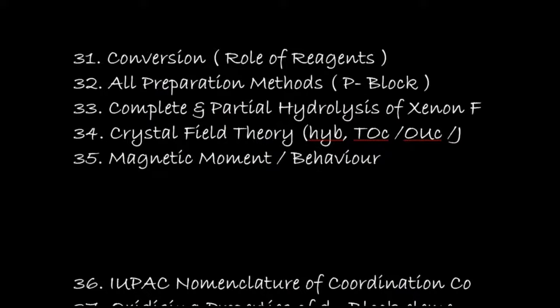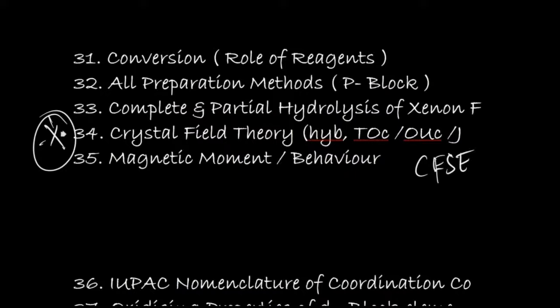Complete and partial hydrolysis of xenon fluorides. Xenon fluoride related compounds, there are only very few compounds. Very few reactions are there. You can just go through that. Then crystal field theory, which is super important. Strong field and weak field ligands, and asking for the magnetic moment, asking for the hybridization, or asking for the t2g, eg, how many electrons are there, or asking for CFSE.